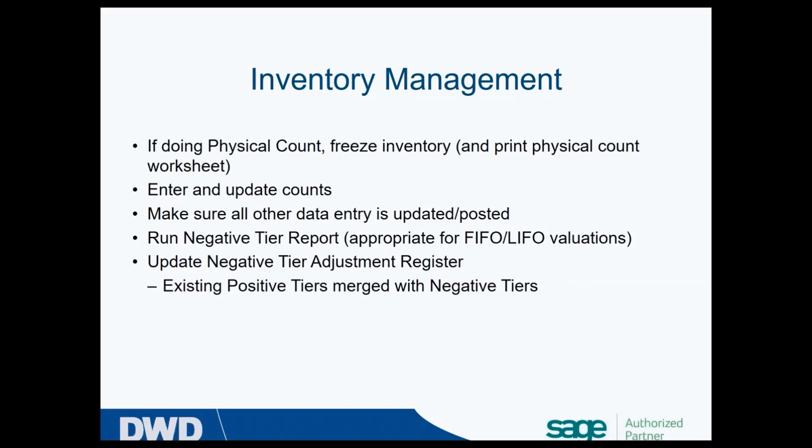So in inventory, if you're doing your physical count, make sure you freeze your inventory, and you might want to print your physical count worksheet. Make note for those of you who are using inventory that when you print that physical count worksheet, you have the option to either freeze everything at a 0 quantity or to freeze everything at their current quantity on hand. Makes a huge difference.